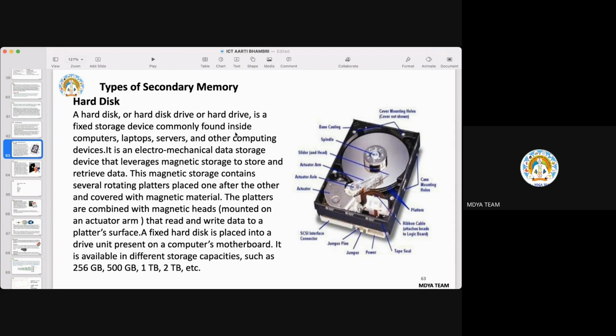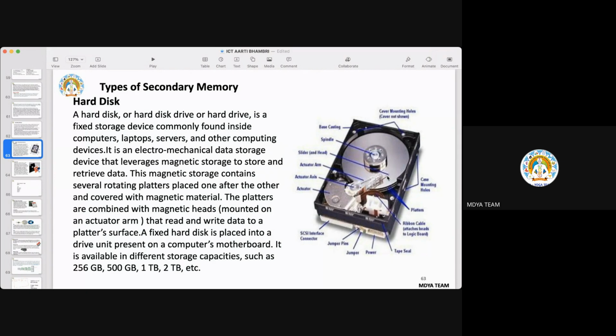So a hard disk or hard disk drive is a fixed storage device, and it is commonly found in computers, laptops or various servers. This is an electromechanical data storage device, because here you can see one pointer, and there is a disk-type thing where the data is stored or read out by running of this disk under this pointer.